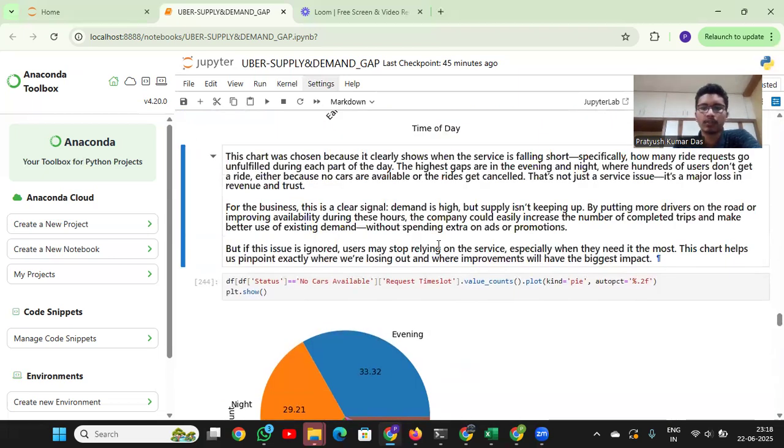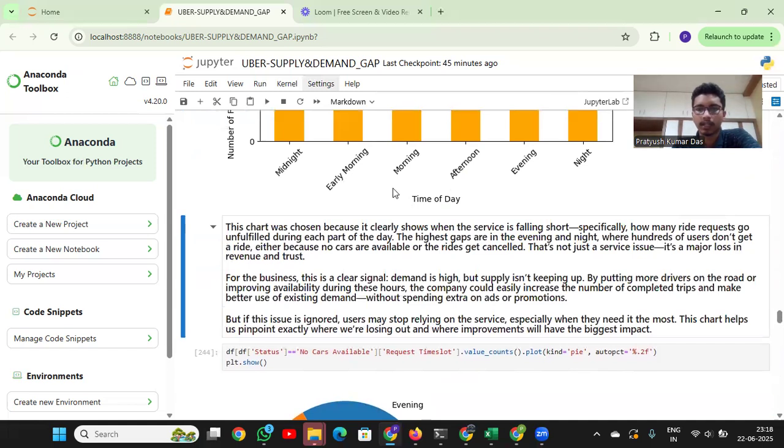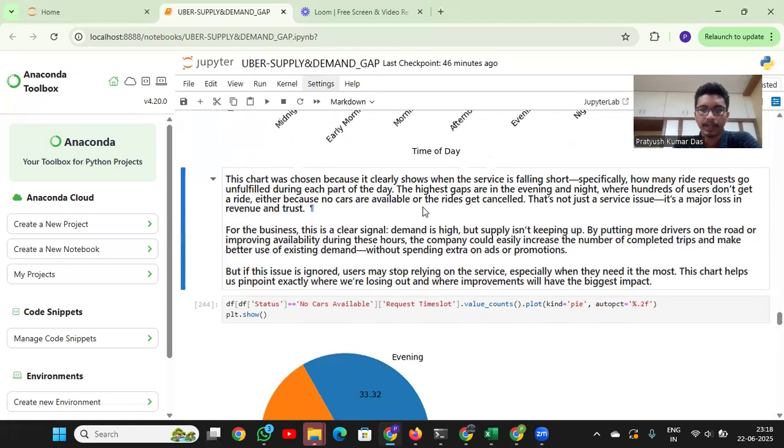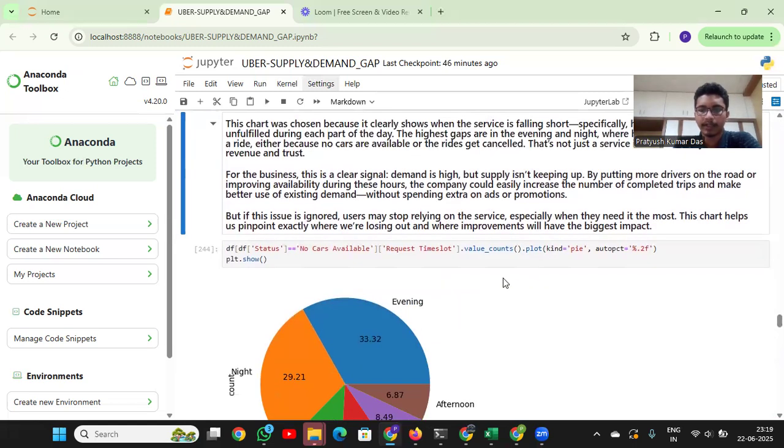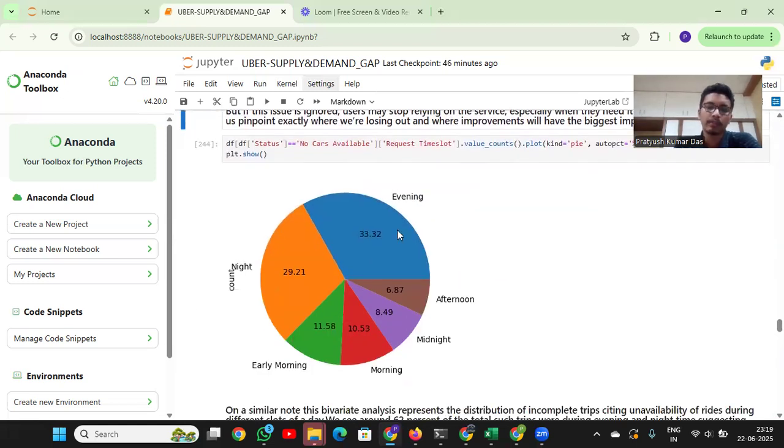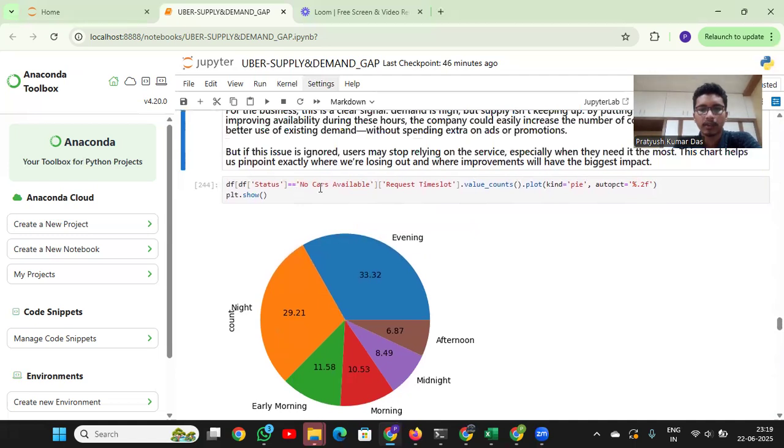So yeah, this was all related to the bar plots, count plots, and the bivariate analysis we did. Now we are coming to this pie chart, where we have the percentage representation of the total trips that were unsuccessful due to unavailability of the cars across different time slots.